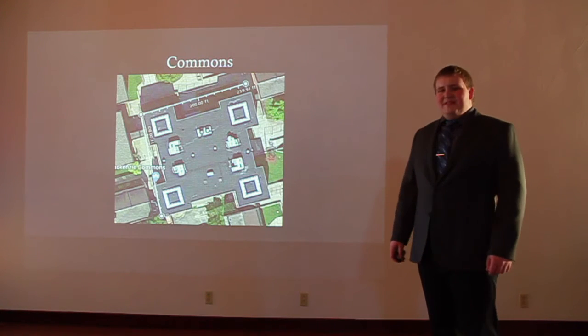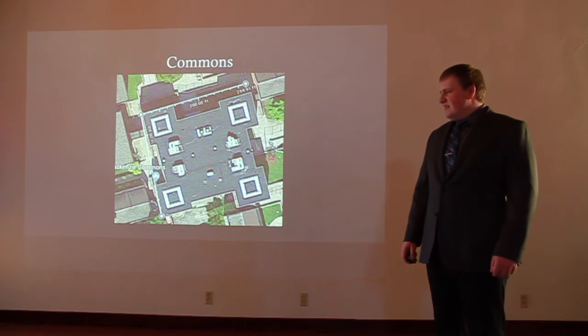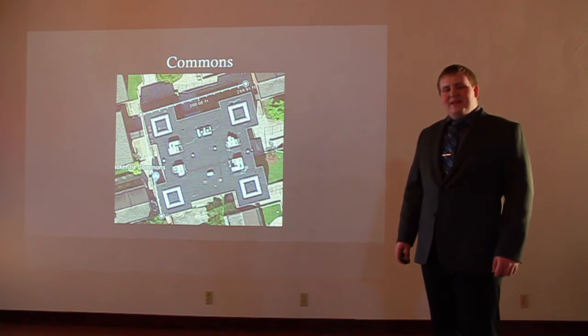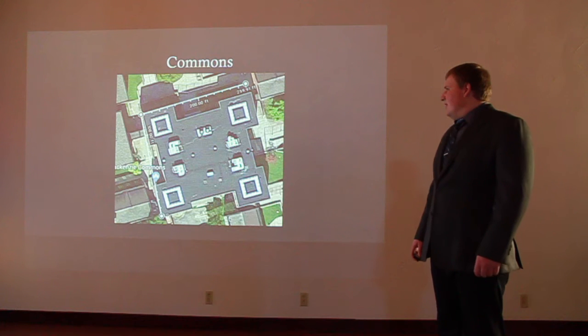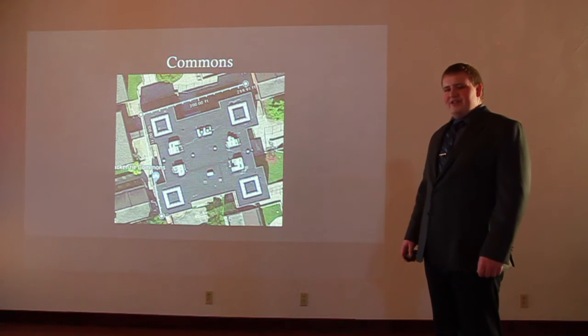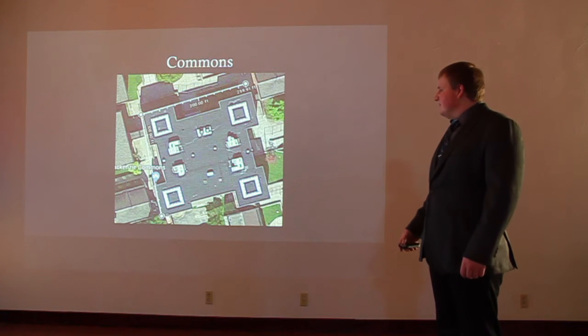And then lastly, I'm taking a look at the commons area of the Mackenzie Residence Hall, and for the purpose of putting this into an energy analysis software, I simplified it to a square which measures approximately 125 by 135 feet.